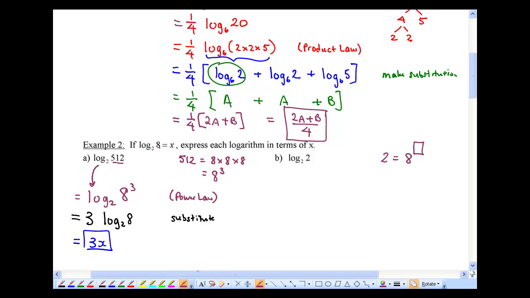Well, you should know that 8 is 2 cubed. So going the other way around, I take the cube root of 8, which equals 2. And the cube root is just the power of 1/3. So this just becomes log base 2, and then instead of 2, I'm going to write this as 8 to the power of 1/3.